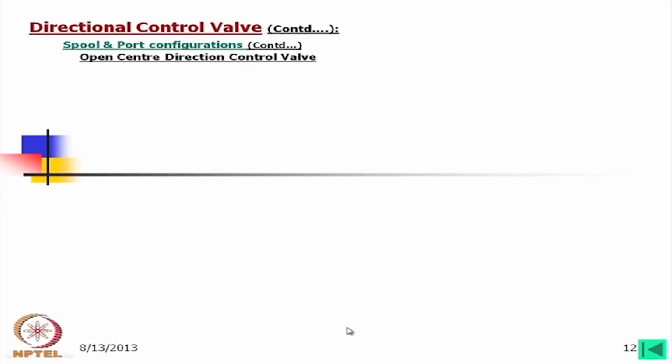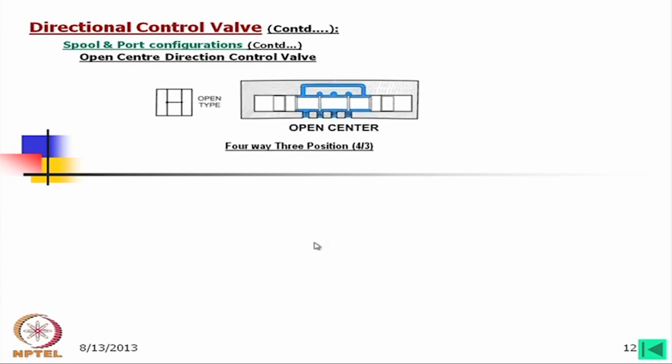Now, again I shall discuss spool and port configuration. Open center direction control valve, DC valve. Look at this, this is open center. As you see, this is the spool, this is the stem and these are the lands. The larger diameter is called land and this is called stem.